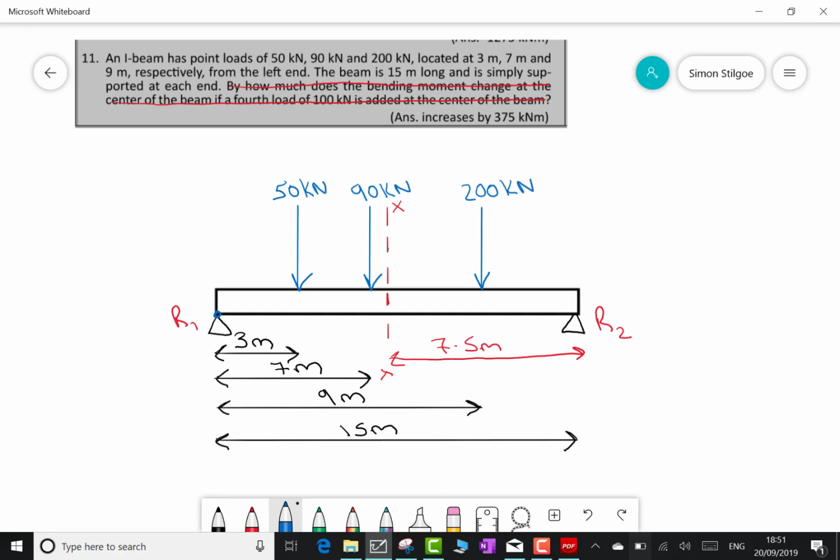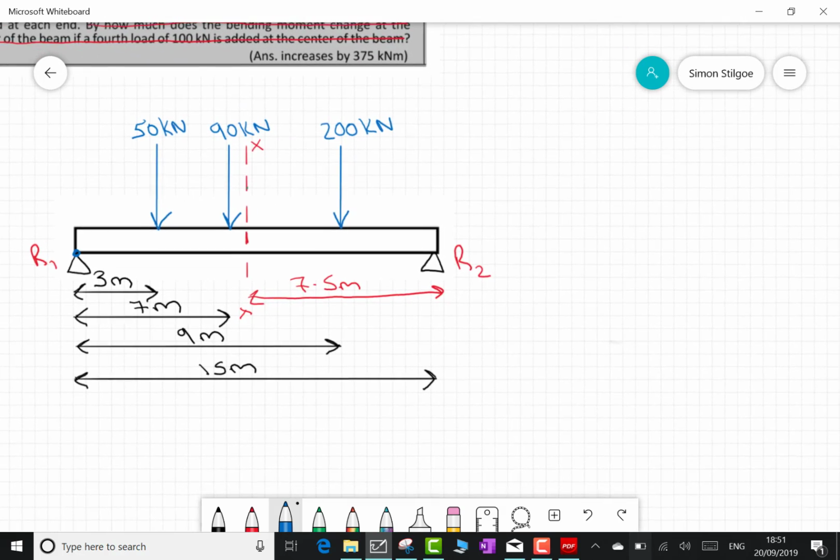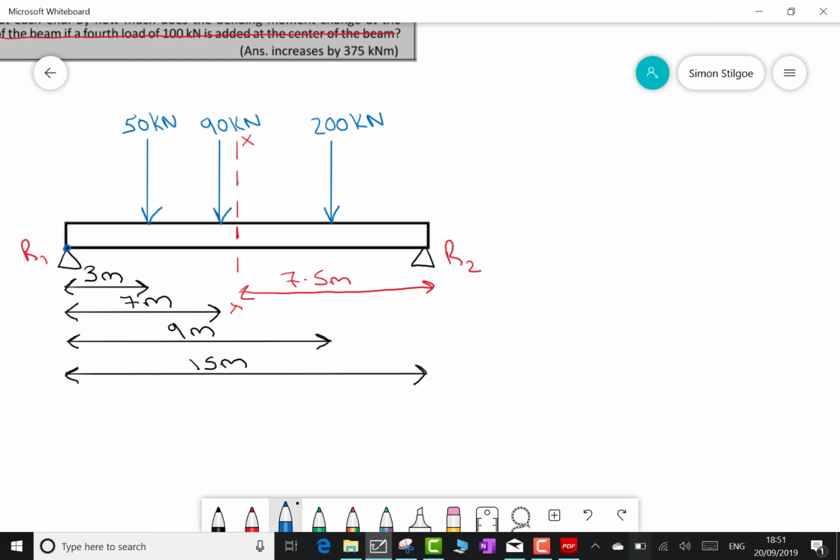All right then, to start off with, we need to find the reaction forces at R1 and R2. So to start off with, we're going to take our moment about R1. Now, once we take our moment about R1, we can now say that our clockwise moments must equal our anti-clockwise moments in order to get equilibrium.